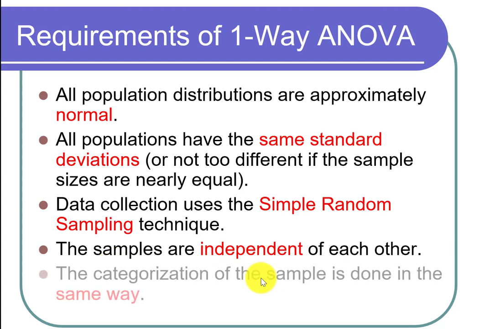And then finally, the categorization of the sample is done in the same way. What that really means in the real world is, let's say you were doing a study about people's weights in America, like I mentioned, and you did it all over the country. You're probably going to hire a team, maybe one person from every state, and have them do the sample in each of the states.